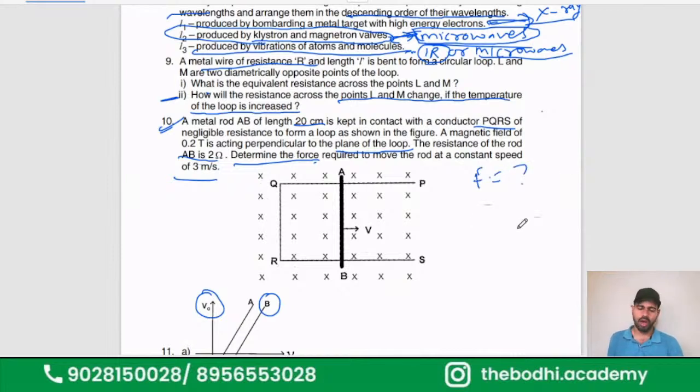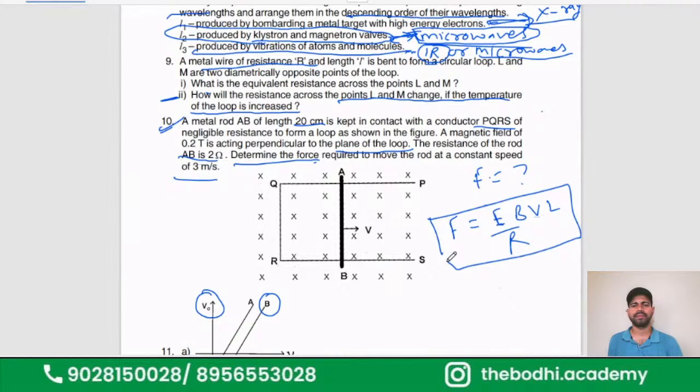Now, the formula for the force is F = E/R × B × V × L. This is one of the formulas, where E is the induced EMF, B is the magnetic field, V is the velocity, and L is the length. Let's see what data is given.